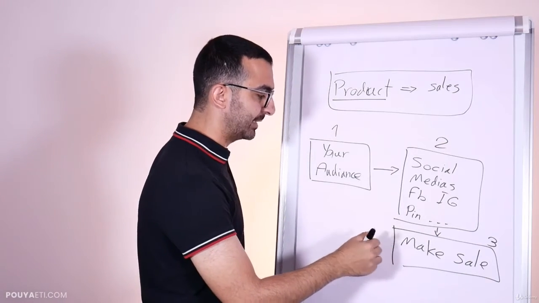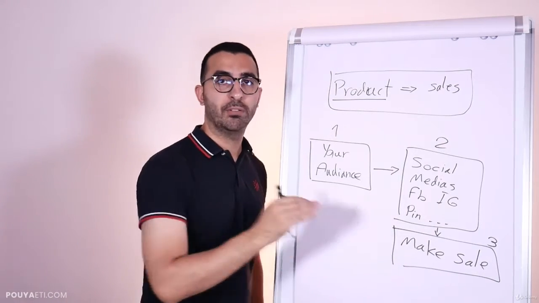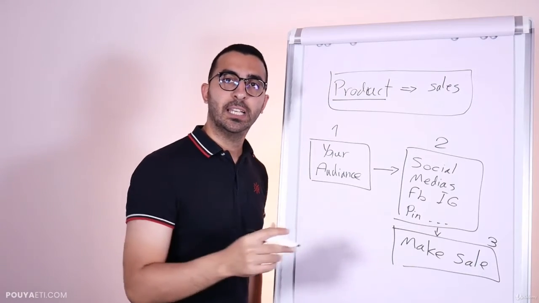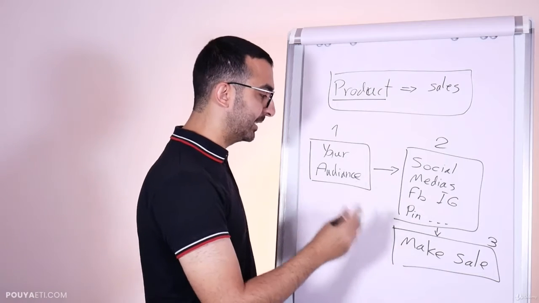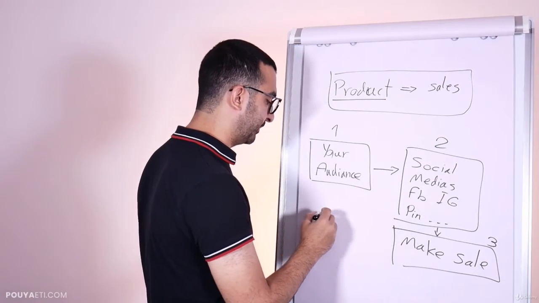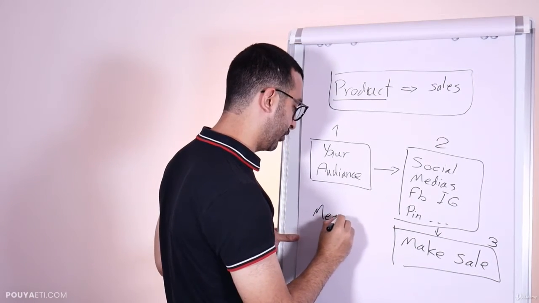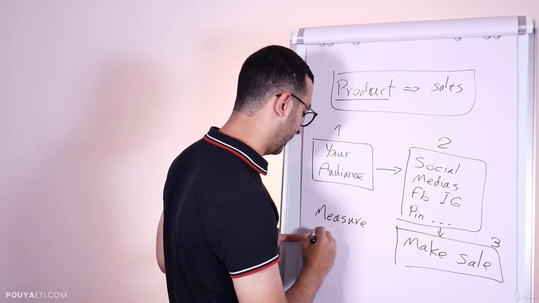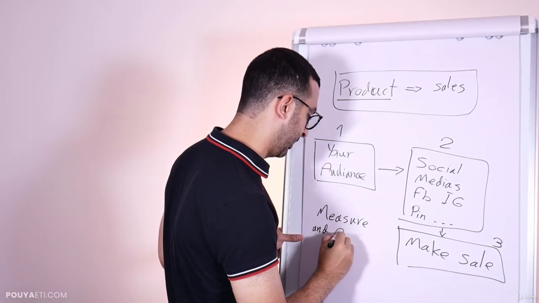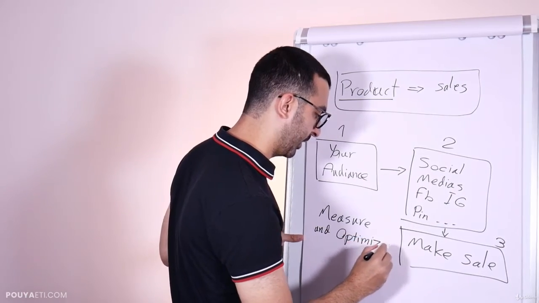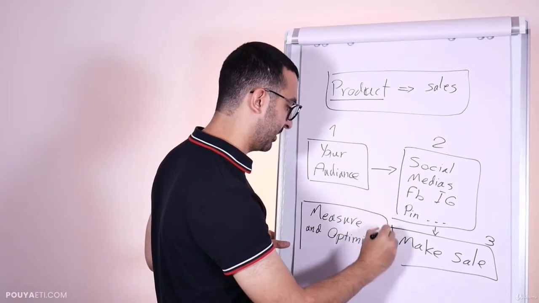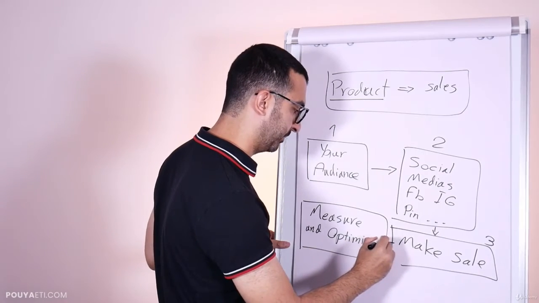The next step, most people, even some professional marketers, miss the 4th step, and it is very important, and that is measure and optimize. Okay, this is step number 4.